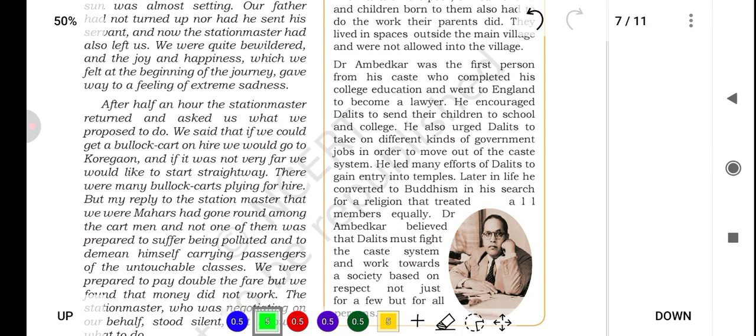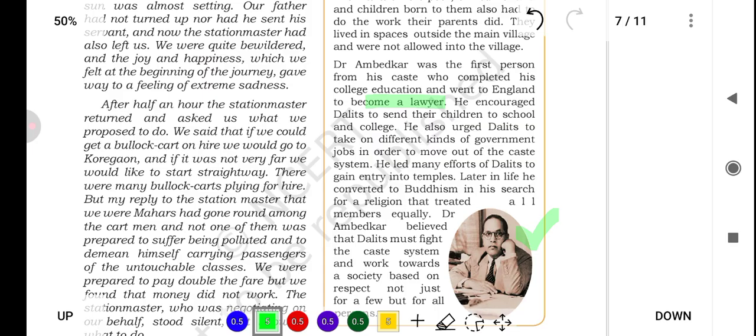Dr. Ambedkar was the first person from his caste, you can see the picture right here, who completed his college education and went to England to become a lawyer. He encouraged Dalits to send their children to school and college. He also urged Dalits to take on different kinds of government jobs in order to move out of the caste system.